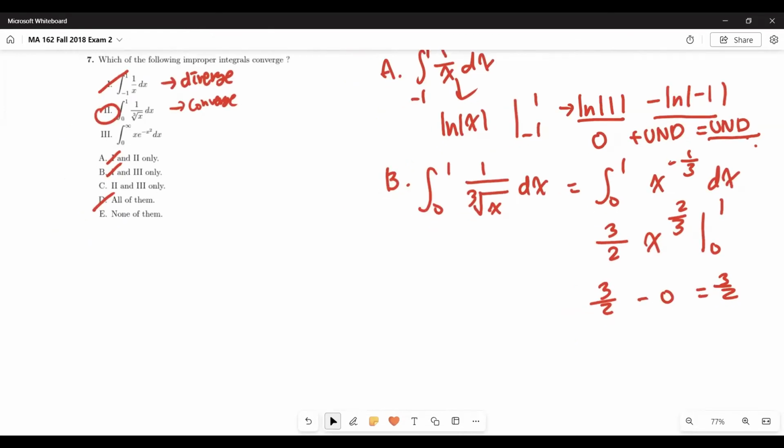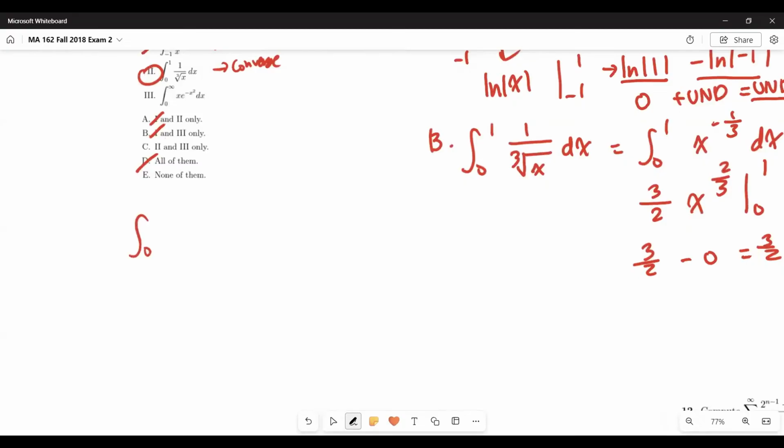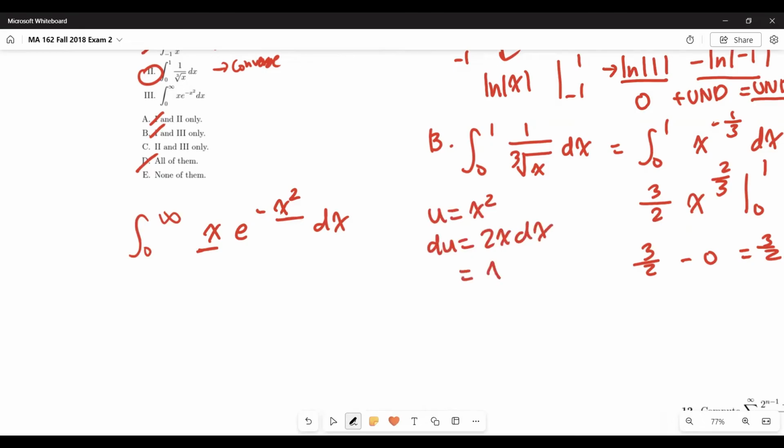And then let's look at option C, the integral from 0 to infinity of x e to the negative x squared dx. We see x squared and x, so we're going to use, what's that called? U substitution. So u is equal to x squared, du becomes 2x dx, and we just want x dx, so divide by 2 on both sides, so du over 2.